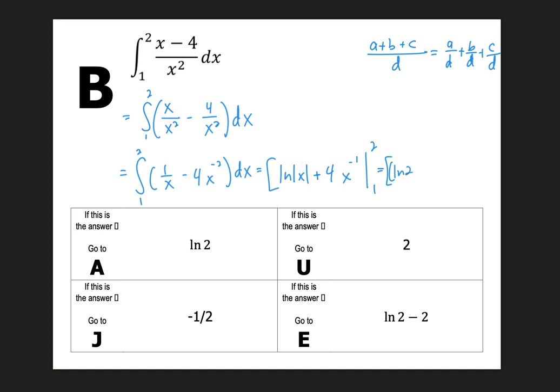Don't need the absolute value since that's just going to be a positive 2 anyways. Hopefully you can see that. ln of 2, we don't know what that is, so we'll just leave it as ln 2. 2 to the negative 1 is 1/2.